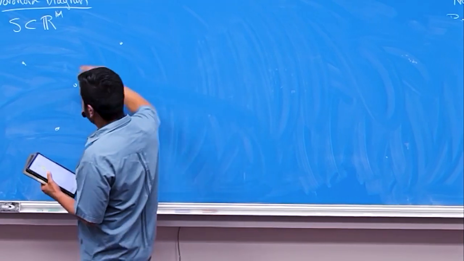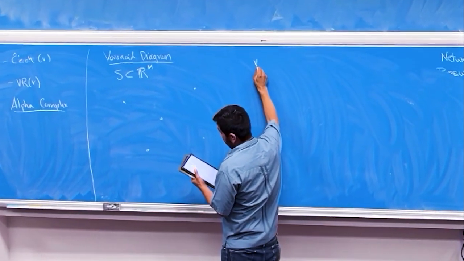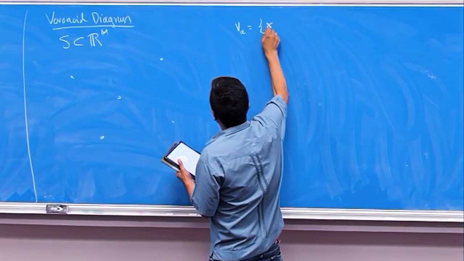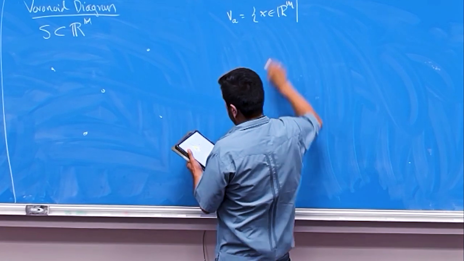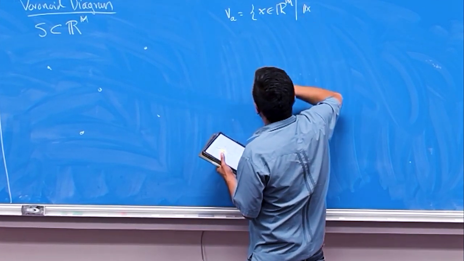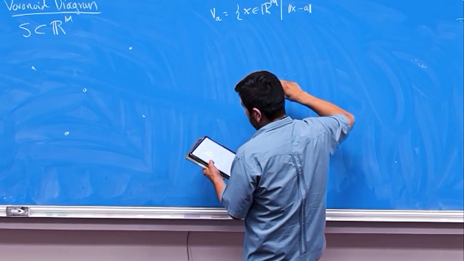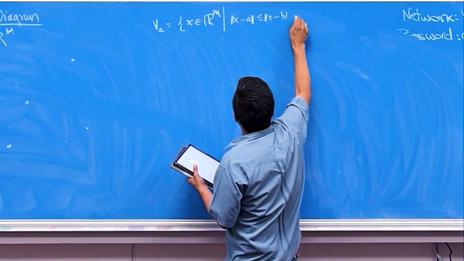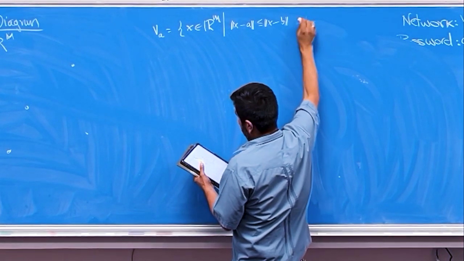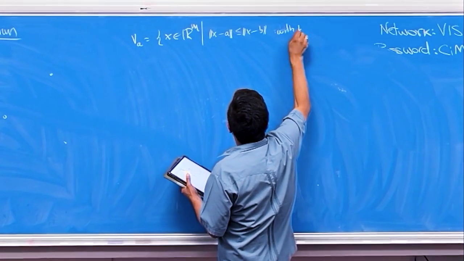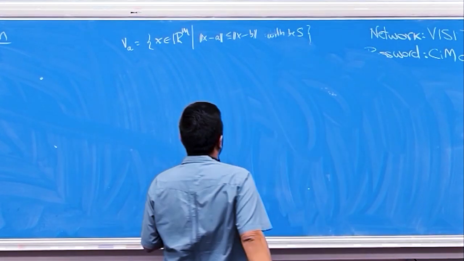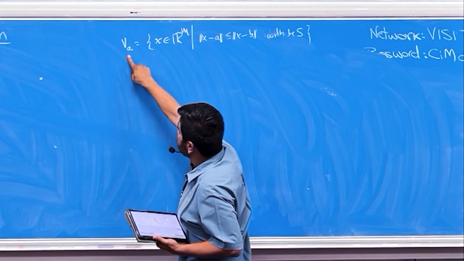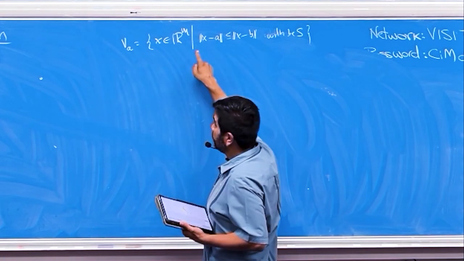So I have 5 points, and I consider the sets V sub A, which are the elements x in R^m such that the norm between x and A is less than or equal to the norm of x to B, for all B in S. So this means that all the points in this region are closer to A than the other points.